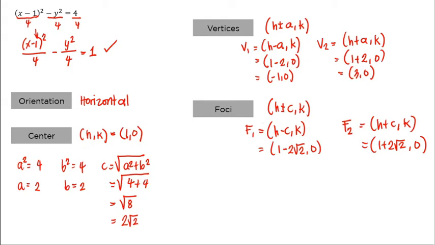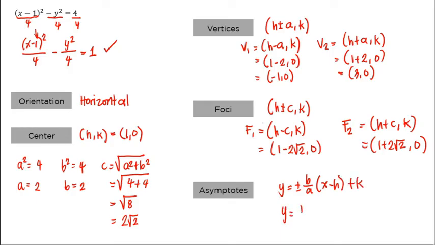Now, for the asymptotes, since this is horizontal, we have y equal to plus minus b over a times the quantity x minus h, plus k. So that will be y equal to plus minus 2 over 2, then x minus h is x minus 1, plus 0.